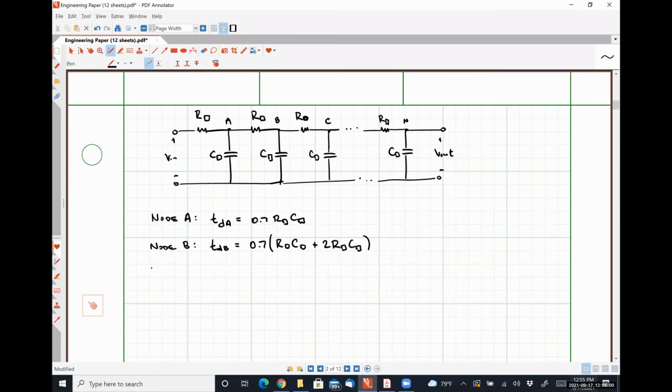And then for node C, it's going to look like TDC is 0.7 r squared c squared plus twice r squared c squared plus 3 times r squared c squared.